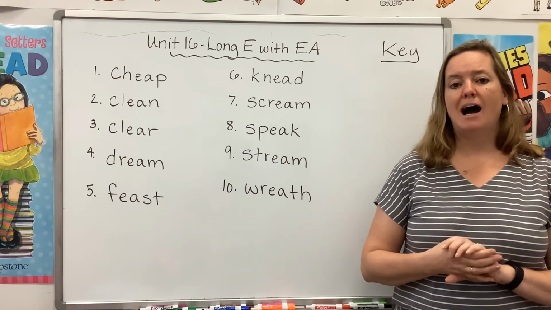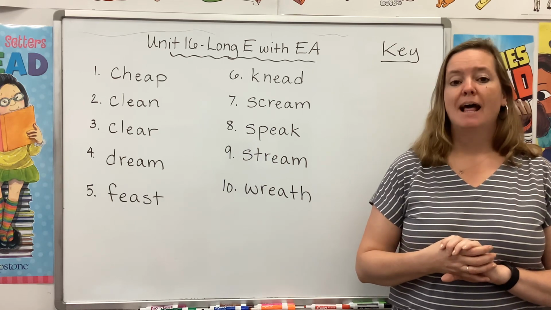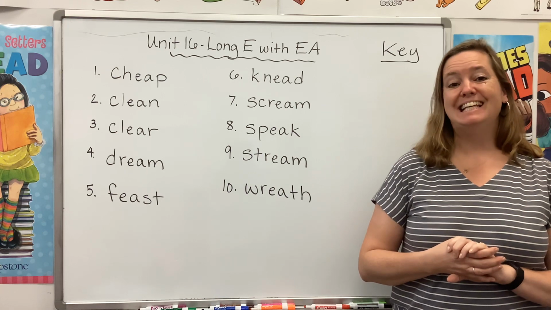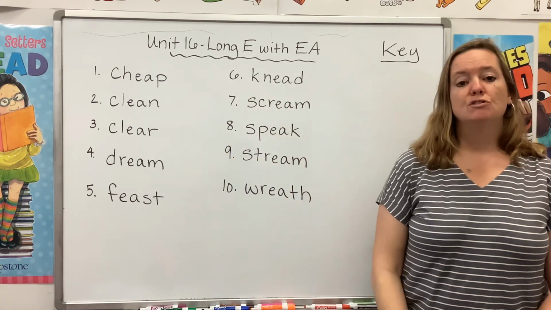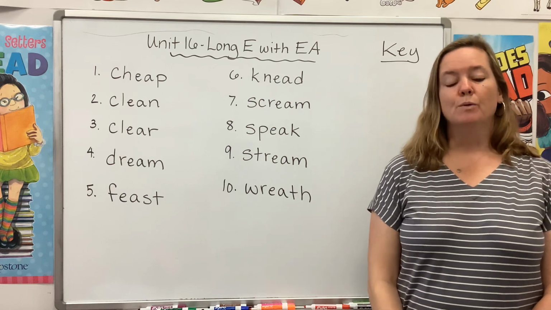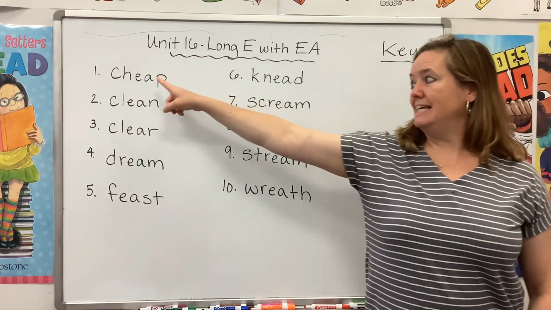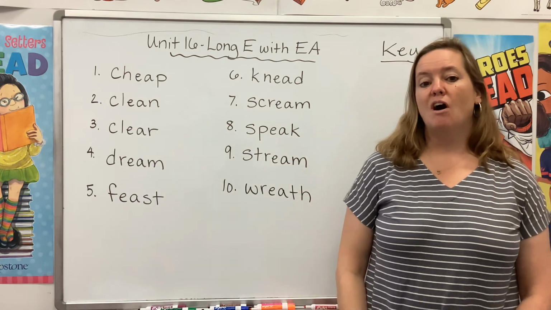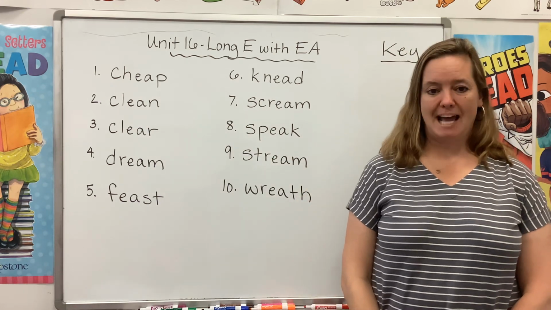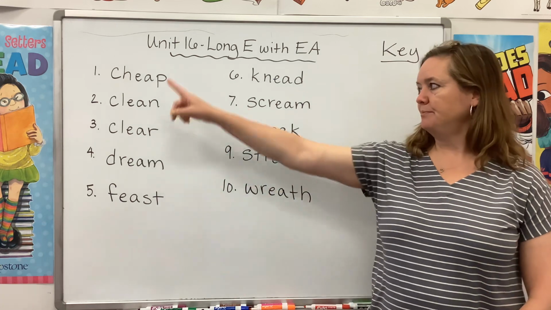One of the most common vowel teams that work together to make the E sound is EA. So as I read this list to you, I want you to notice the EA in each word, and I want you to listen for that long E sound. Here we go.